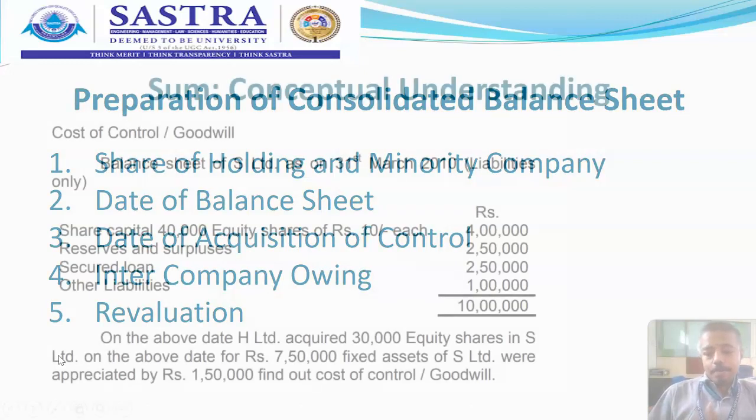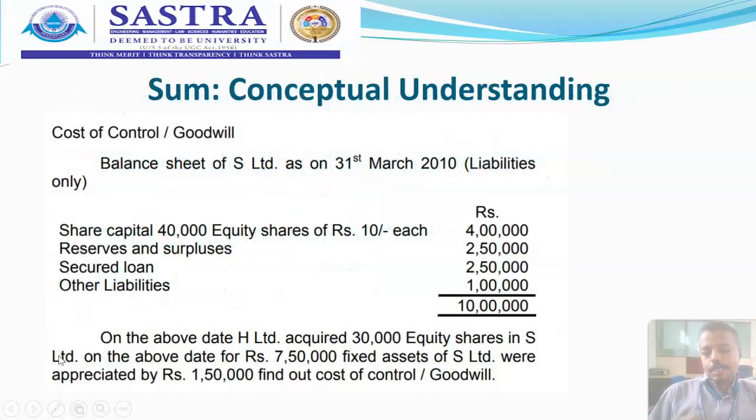Sometimes it happens vice versa also. Sometimes the balance sheet of the holding company before acquisition may have an existing capital reserve of, for example, 1 lakh. And in the acquisition of the company, you got goodwill.